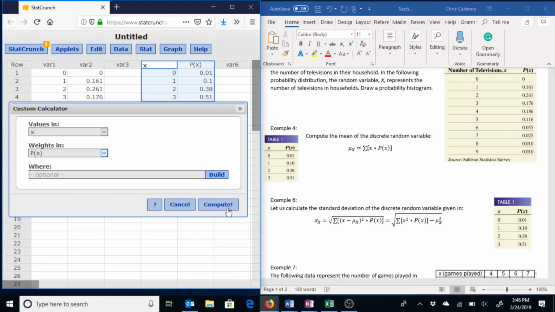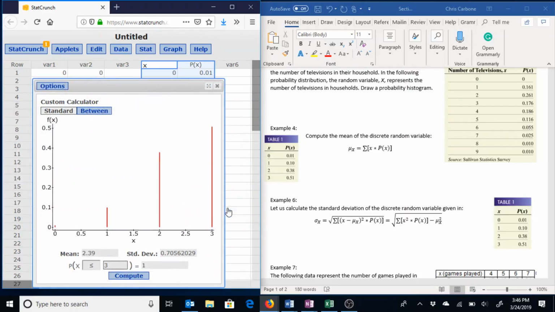Then hit Compute. This will give us kind of like a histogram, only without the bars. But this gives us a mean and standard deviation.